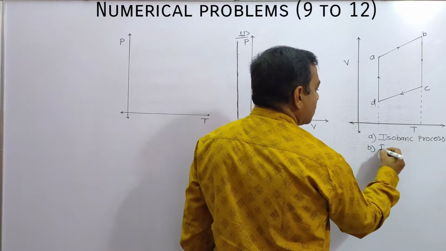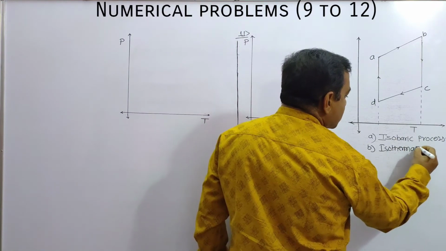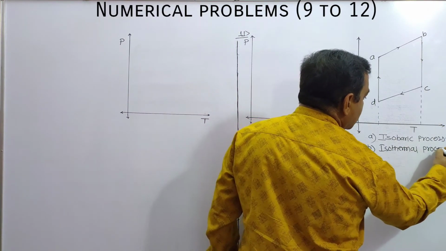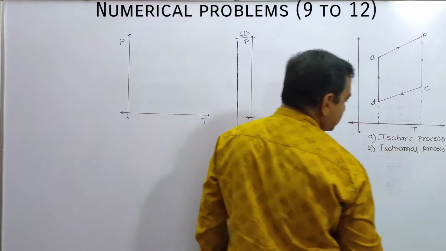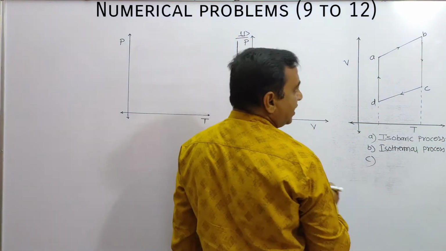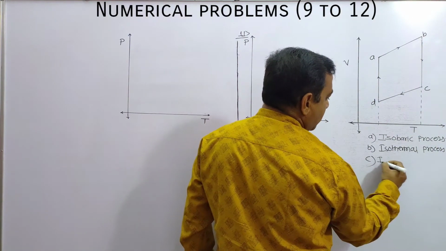B to C is an isothermal process. Third, C to D is an isobaric process.